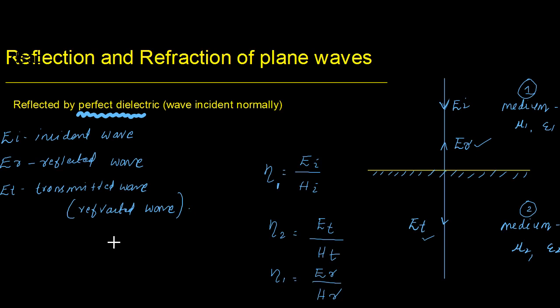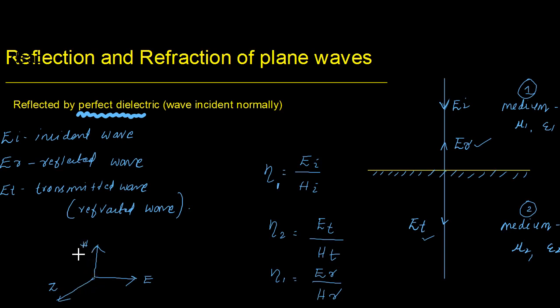We know that an electromagnetic wave consists of an electric field and a magnetic field. They are orthogonal to each other. So the transverse components of E and H are on the X and Y axes, and the Z axis represents the direction in which the electromagnetic wave is propagating.